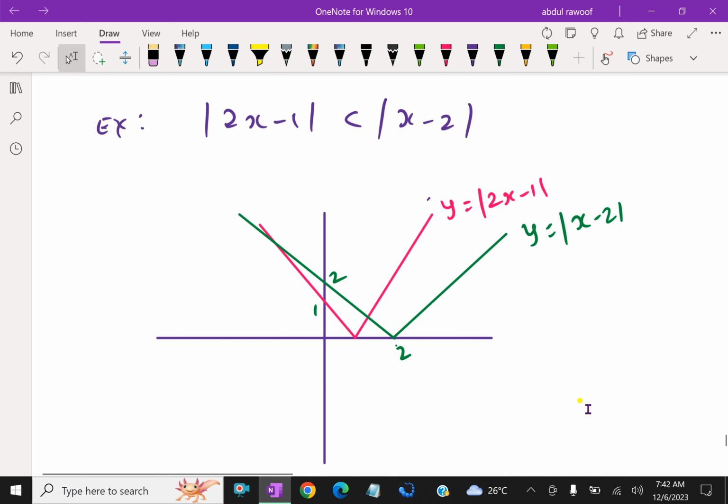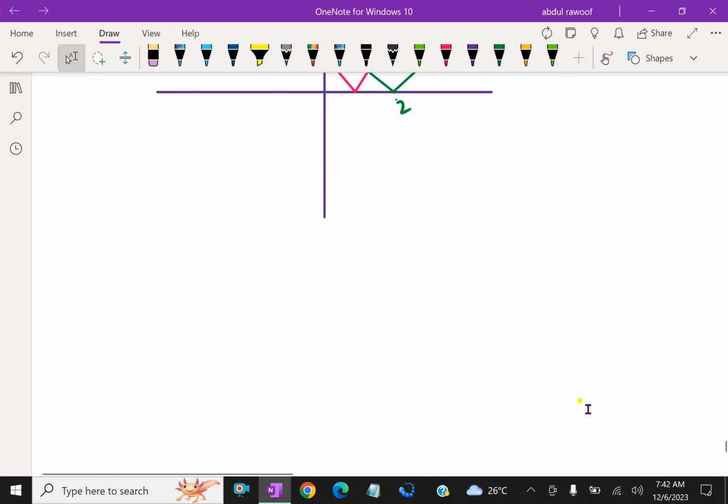Here, by solving this, look at here, we will keep equal things first: absolute value of 2x minus 1 equal to absolute value of x minus 2.